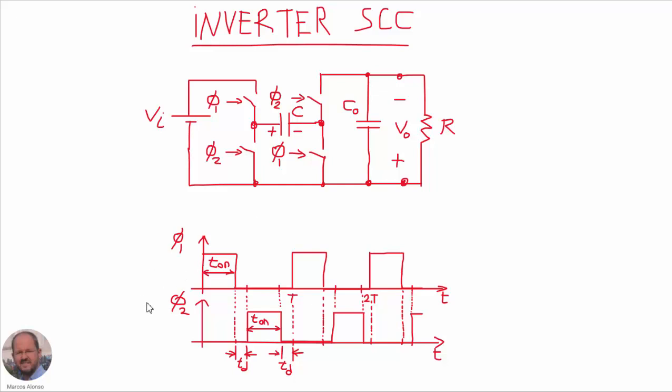So as we can see here, during a given interval we are activating the two switches that are connected to phi1, then we have a dead time, and then we are turning on the switches that are connected to phi2, then we have another dead time, and then we continue like this in the operation. So we are going to generate here at the output a negative voltage with respect to the input.